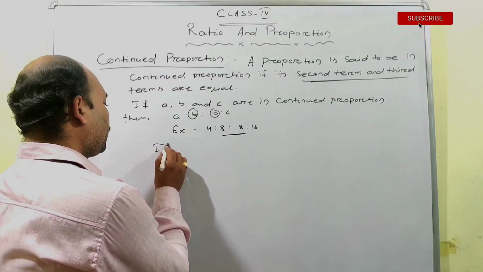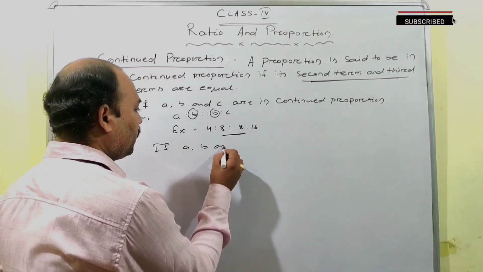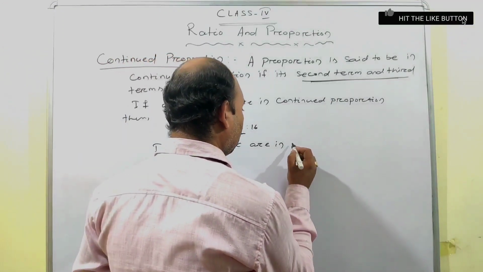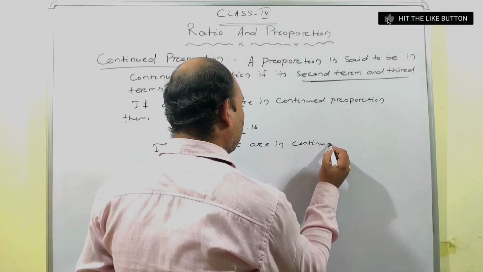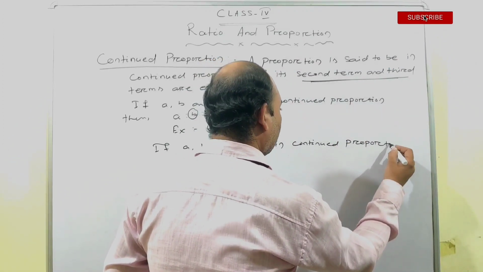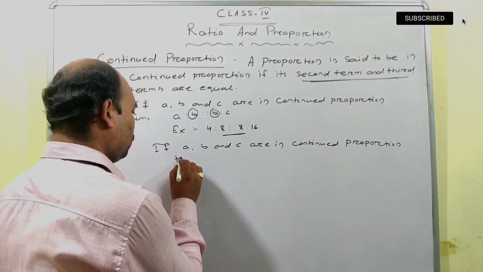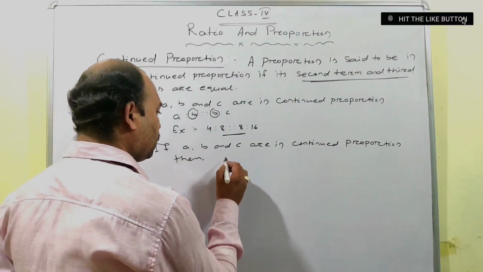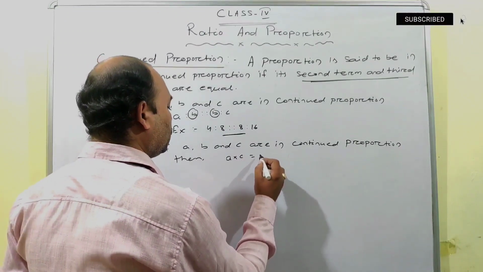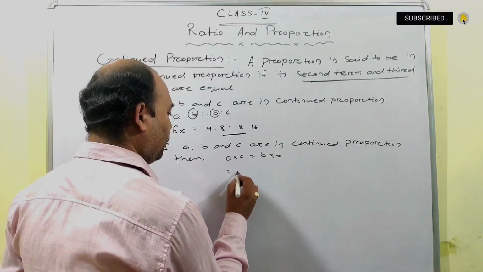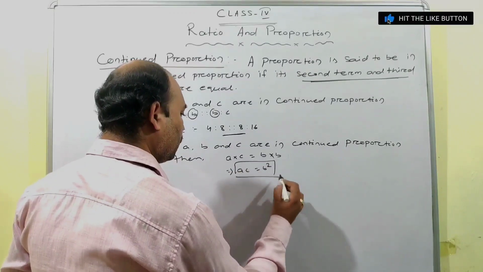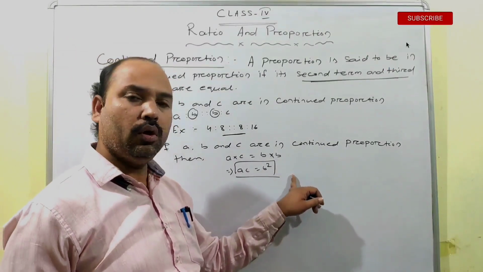Write, if A, B and C are in continued proportion, then the formula is A into C is equal to B into B. It means AC equals B square. It is the formula.